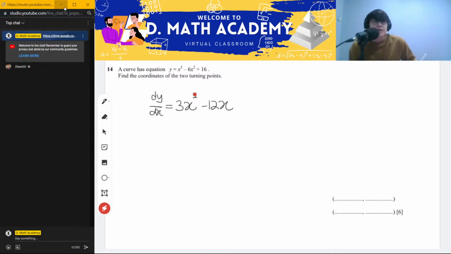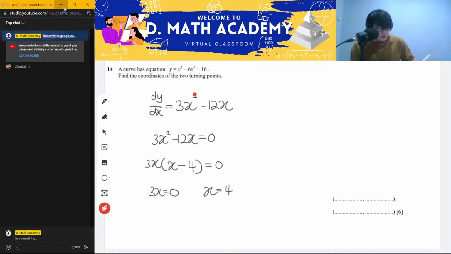So let's complete our dy dx here. Make sure you make it equals to 0 to identify your turning points. Okay, transfer out the x. And 3, I should end up with 4 here. Okay, so you get 3x equals to 0, x equals to 4. So the respective points that you have here.